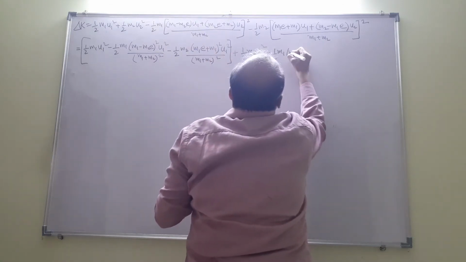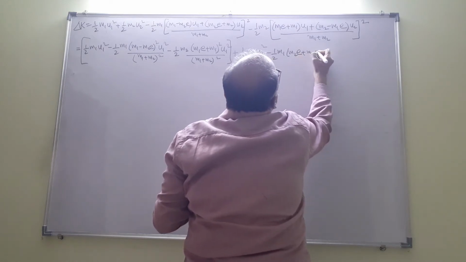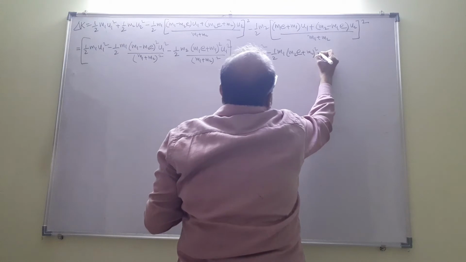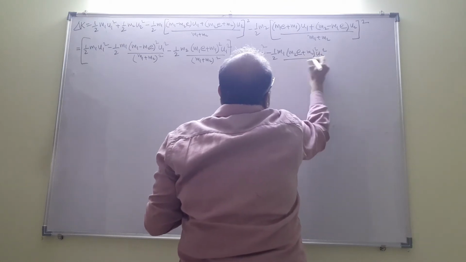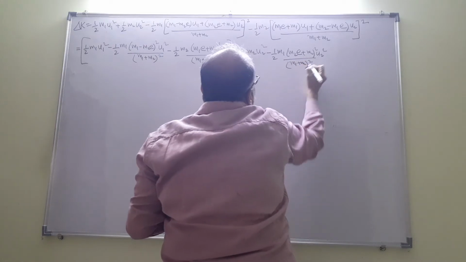This will be (m2 e plus m2) the whole squared, u2 squared by (m1 plus m2) the whole squared.